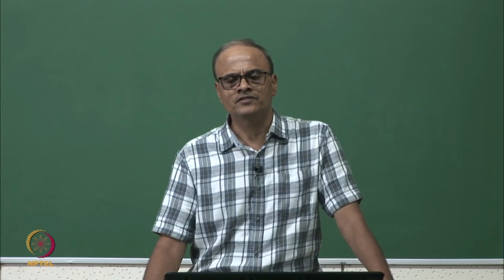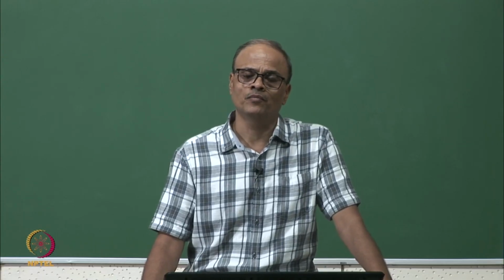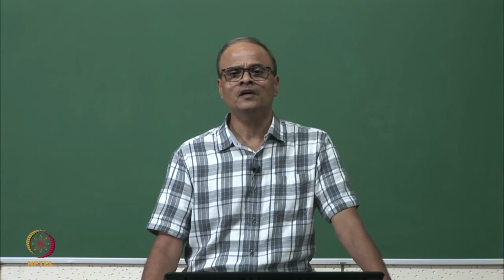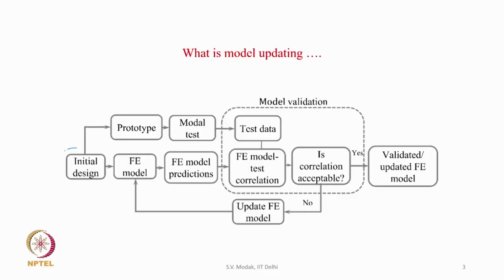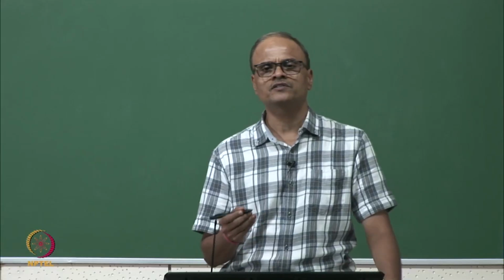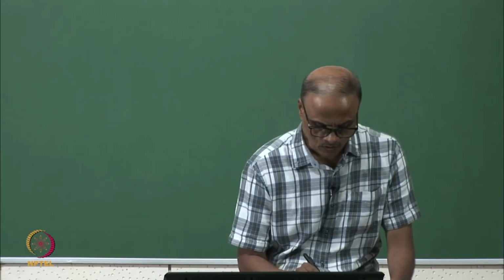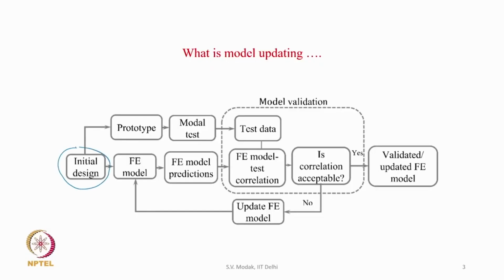FE model updating is done as part of the design cycle of a product or a system, specifically the dynamic design aspect of the product. Let us say that for the product or system an initial design is available. This is the starting point. Based on the initial design we make an FE model of the system, and in parallel we also construct a prototype of the system.